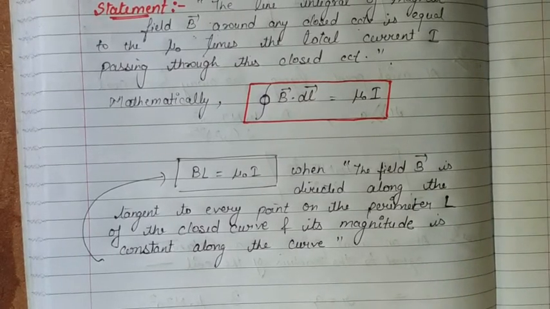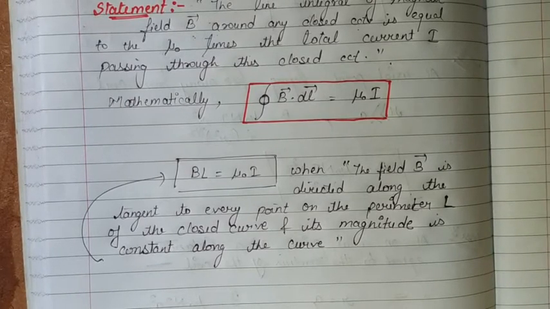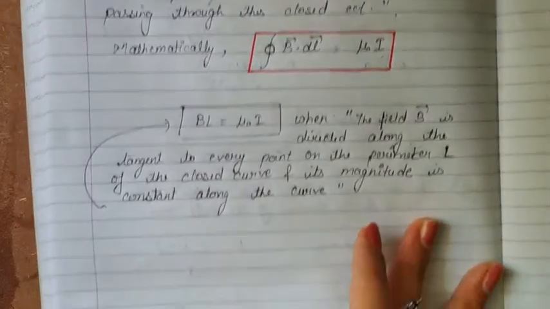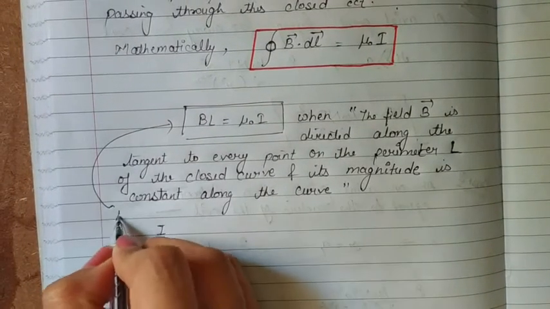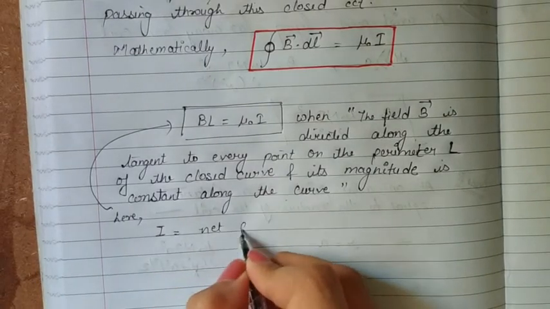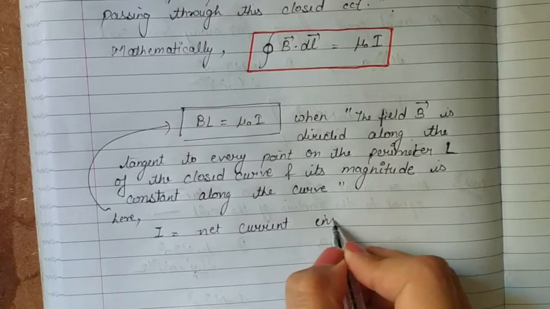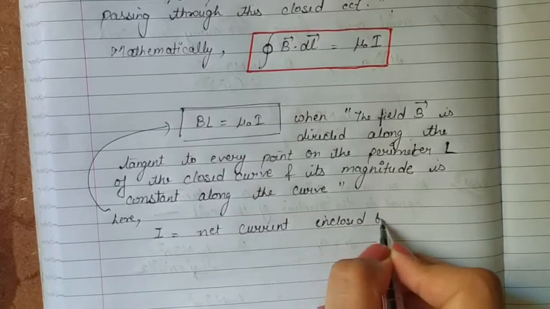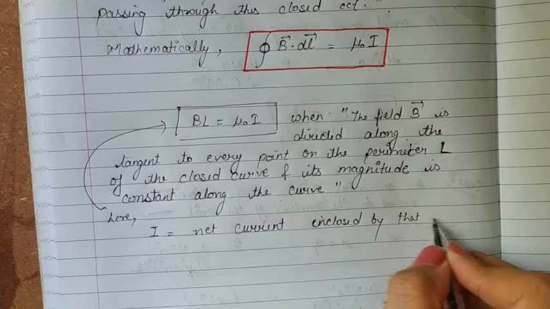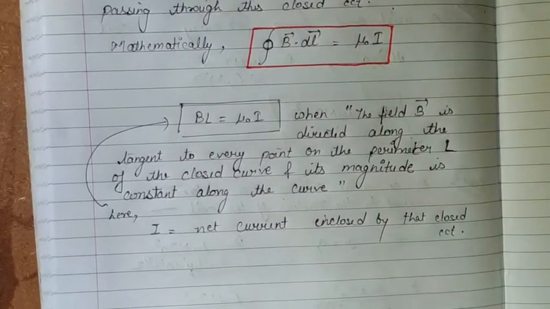This is the more simplified form of Ampere Circuital Law, where capital I is the net current enclosed by that closed circuit. The circuit must be closed for applying Ampere Circuital Law.